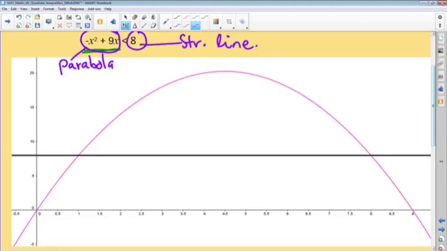Where is the parabola below the straight line? Okay, now we check here. This is our parabola, and then from this region all the way up, it's above the straight line. But going down, it's below the straight line. Going down this way, it's below the straight line.